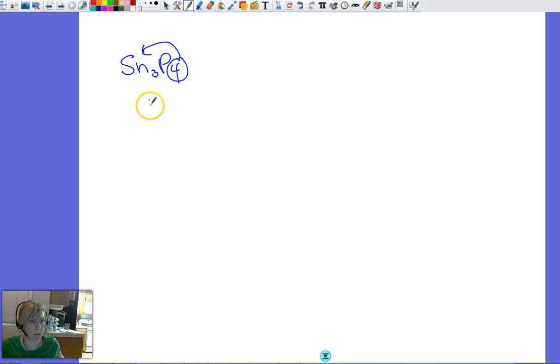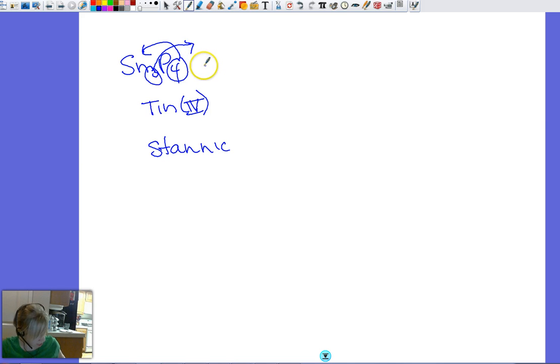So if this was the charge, we'd have Sn plus 4. So we can say it was tin 4, or we can say it's stannic. And then this charge must have been here. And if we look up that, P3 minus is called phosphide. So we would have tin 4 phosphide or stannic phosphide.